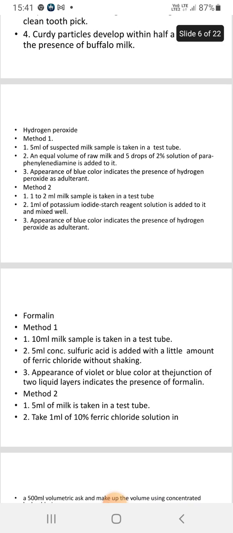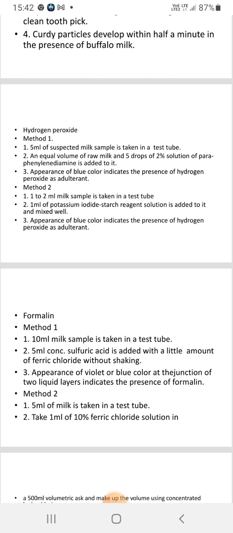So there are so many adulterants which are added to the milk sample, and for checking its presence there are so many chemical methods, and in every method what we do, we take the milk sample, then add the reagent to it, and then check the color.